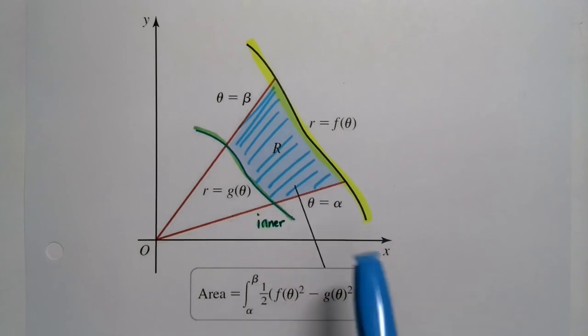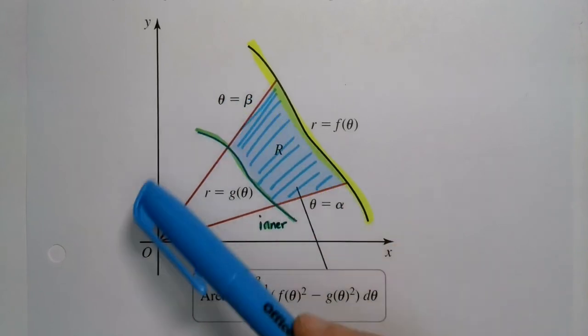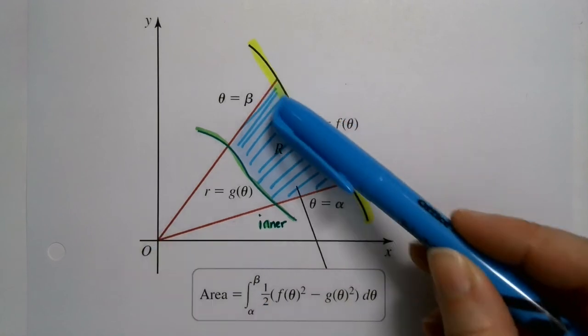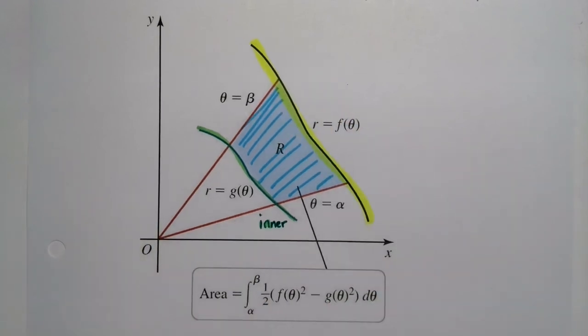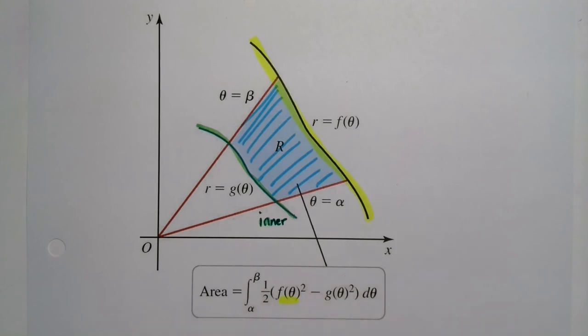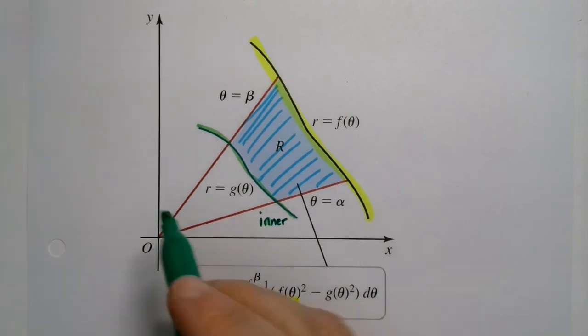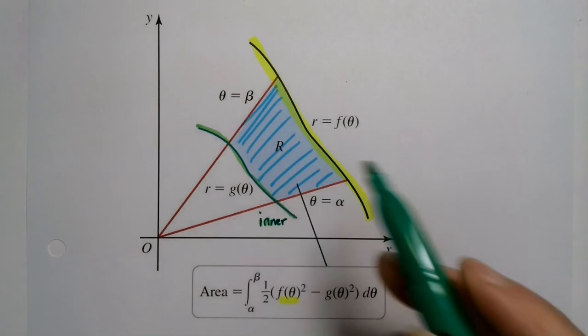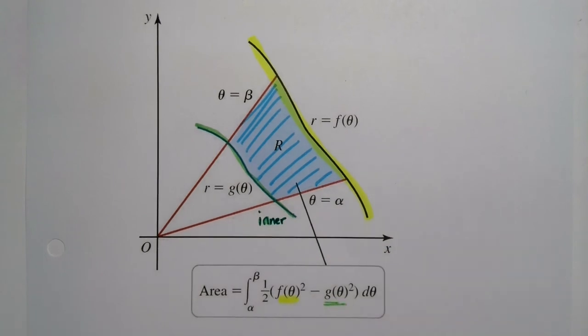Well, what you would do is you would find the area from the pole out to the yellow curve, which is the outer portion, and then you would subtract the area in here. So you take the outer minus the inner. Let me draw another picture really quickly.